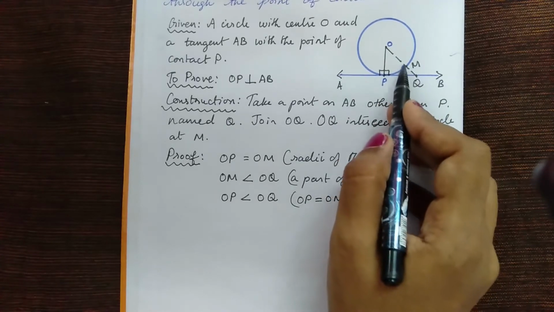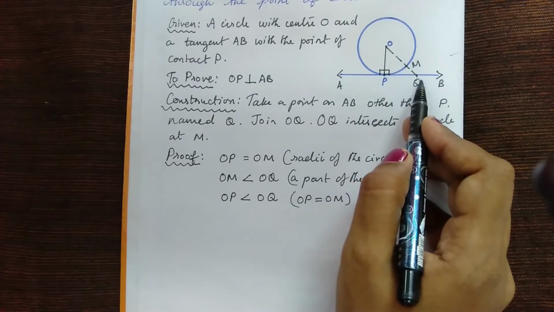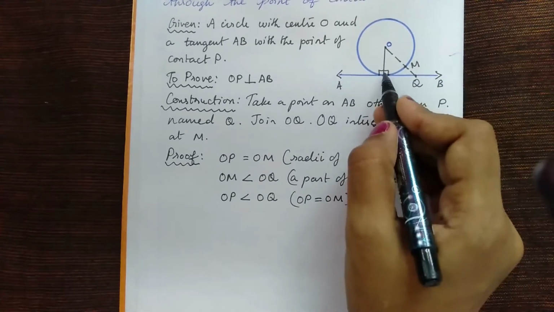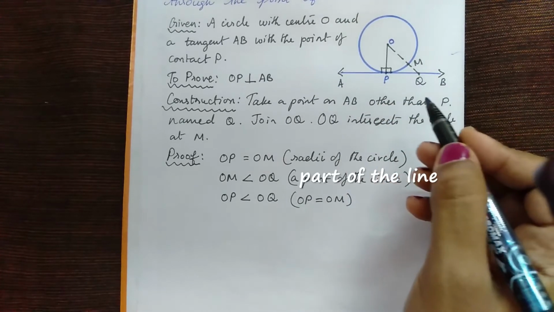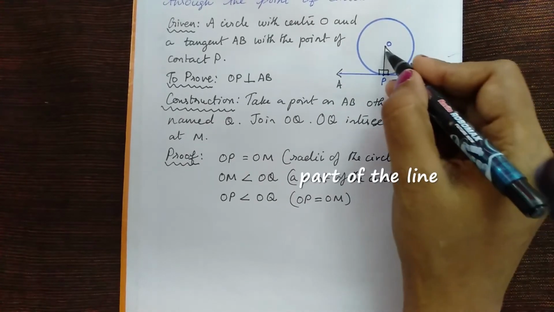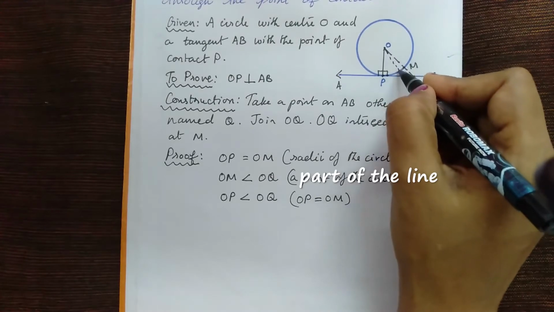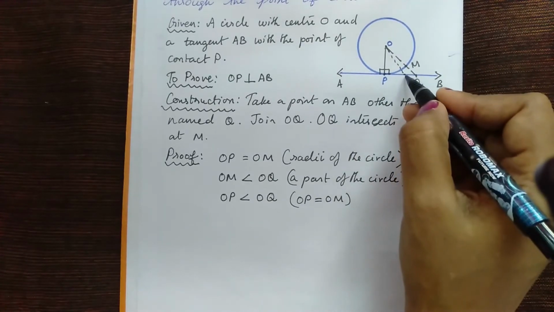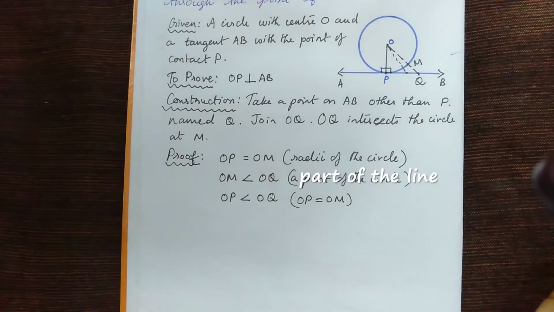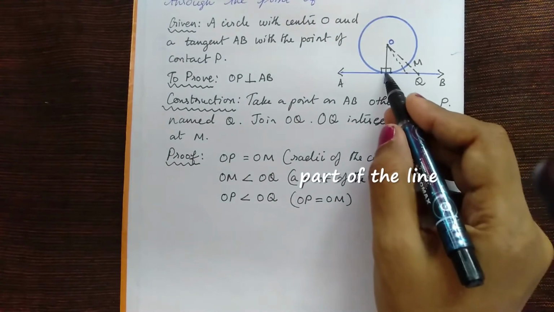Now you have understood that this line is getting extended to touch the tangent. So now if you take any other point on the same line other than this point of contact, it is always going to be longer than the radius. So let's take it here. Then also it's going to be longer because it is getting extended here after the circle. And in the same way, anywhere you take, it's always going to be longer than at the point of contact.